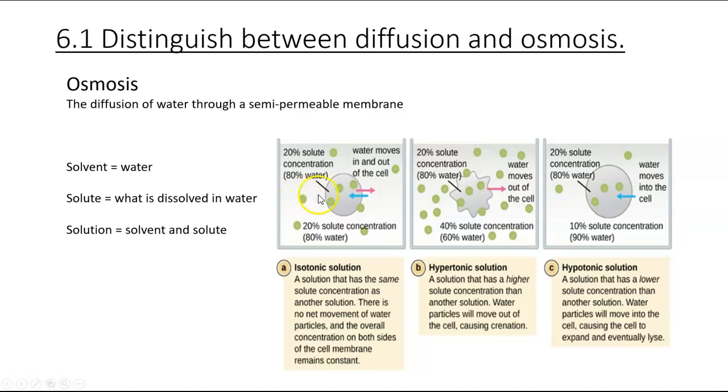It's stuck where it is. So for the diffusion of water, we're saying 80% water on the outside, 80% water on the inside. For every molecule of water that moves out, one molecule is going to move in. And the cell's going to maintain its natural shape, and it's going to do just fine. That's a really good situation for a cell to be in.